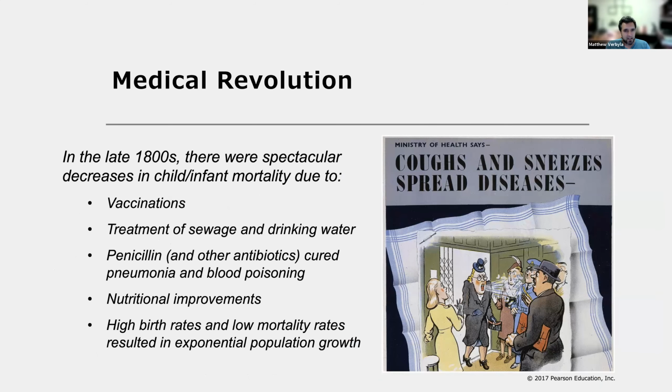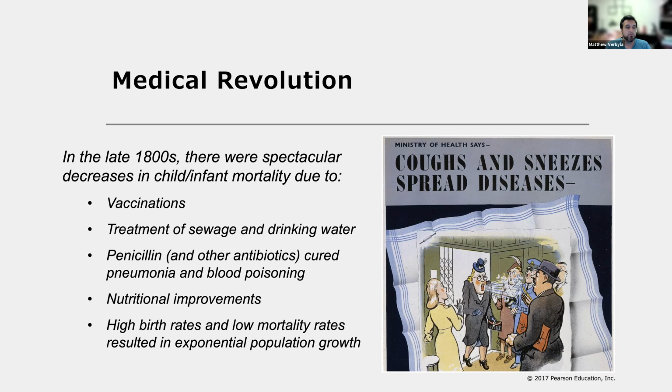So in the late 1800s, we experienced spectacular decreases in child and infant mortality, in particular due to the invention of vaccinations, the treatment of sewage and drinking water, penicillin and other antibiotics as well, and improvements in nutrition. And so you start to see higher birth rates with decreasing mortality rates.